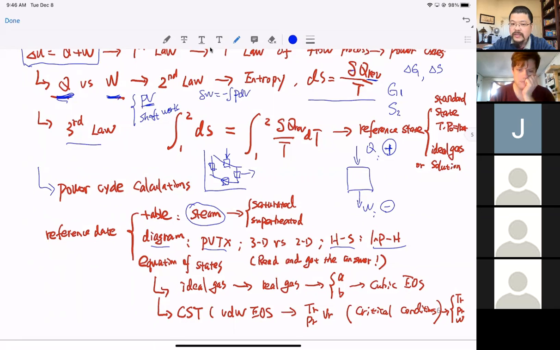Then for the gas phase, how do I describe it? We need some correlation, some equations to describe it. So we start off by looking at the ideal gas equation, PV equals RT. And then, of course, we know that lots of gases do not behave perfectly according to the ideal gas equation. There we need to account for some deviation.